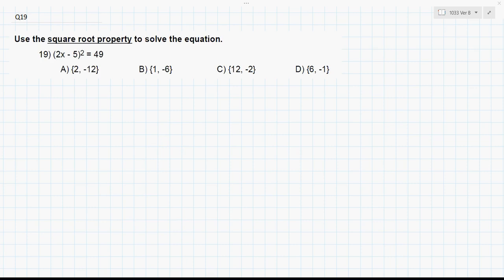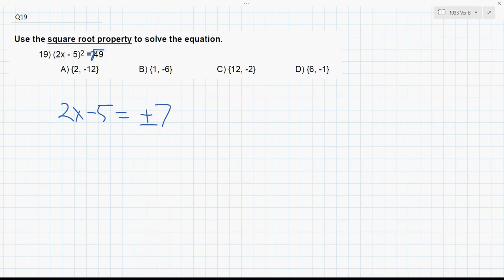We use the square root property to solve the equation. Remembering the square root property, if we are breaking this down, we would say that 2x minus 5 would be equal to, and we'd square root the 49 into a plus or minus 7. These would equal each other.